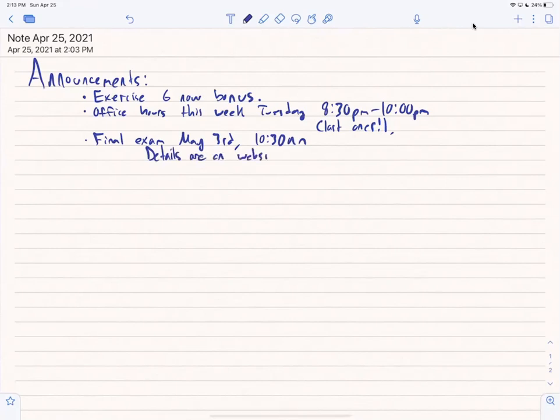If you just go to the website and scroll down to the exam section, there's some details. But the short answer is it'll look pretty similar to the midterm. In particular, we'll be taking it on Zoom. But check those details. And then in the in-class session on Tuesday, I'll start the session by just asking if anyone has any questions about that. So you'll have a chance to ask if there's anything you're concerned about.